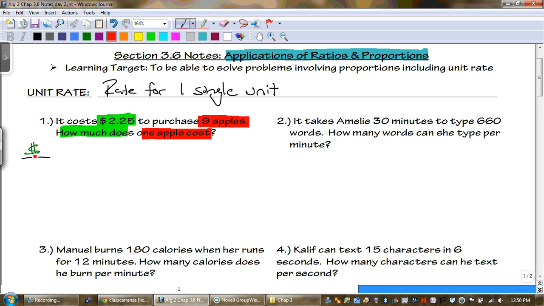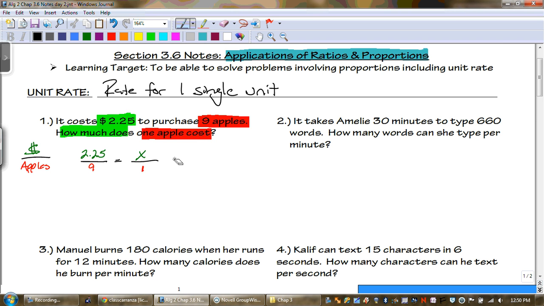The second thing they talk about is apples. So what we're really making here is a proportion. Okay, so we've got 2.25, and we don't know how much 1 costs, but we know how much 9 costs, and then the 1. Okay, so what we're going to do is cross multiply.